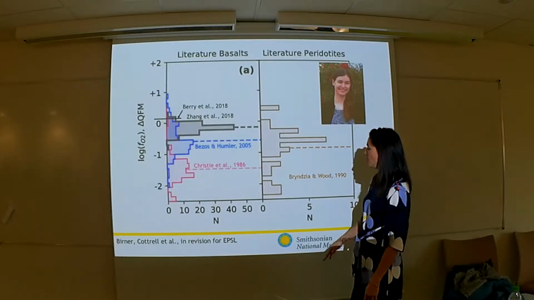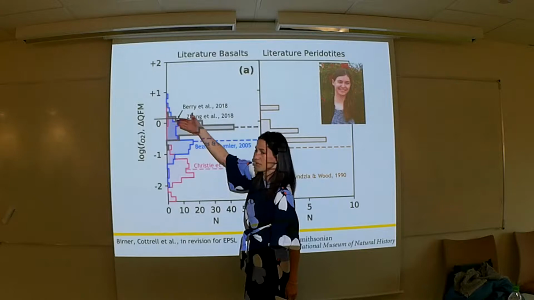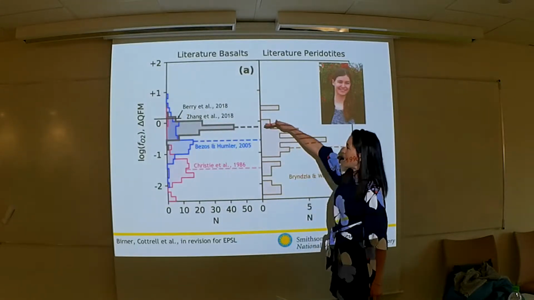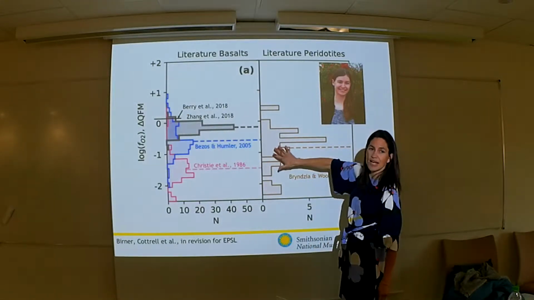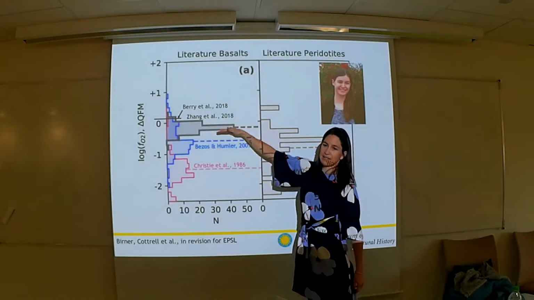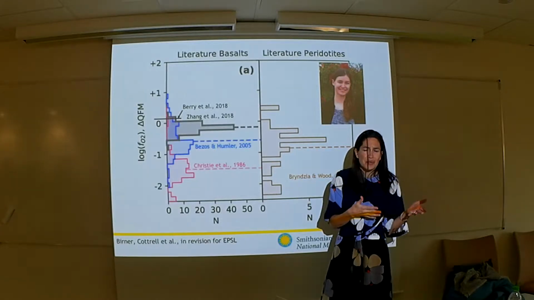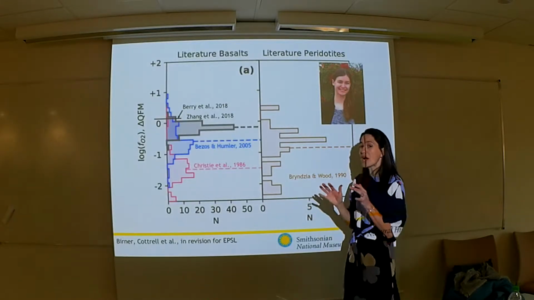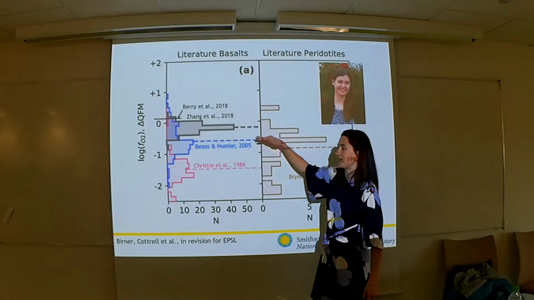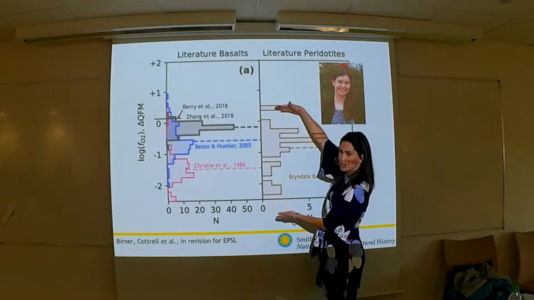Two things: a huge range compared to the basalts, and a shift to lower oxygen fugacity. The residues are at lower oxygen fugacity than what we think from the basalts. So this is troubling. Is it a different story or the same story? What is the process going from the peridotites to the basalts that leads to this offset? And also, why is this range so big?